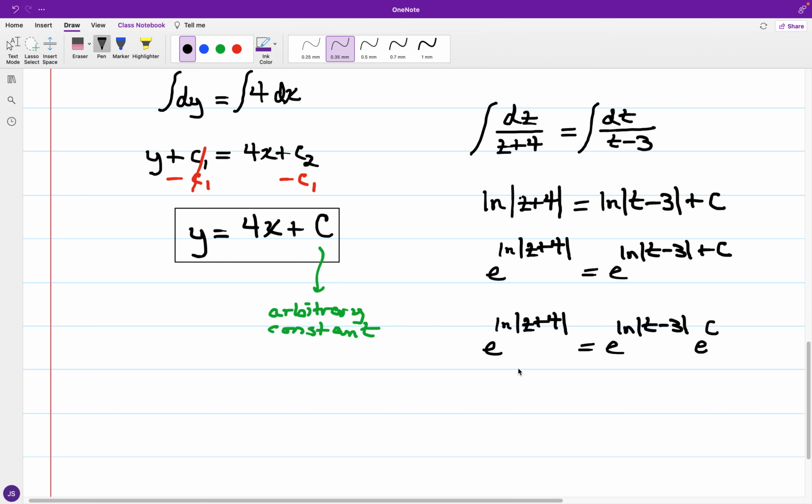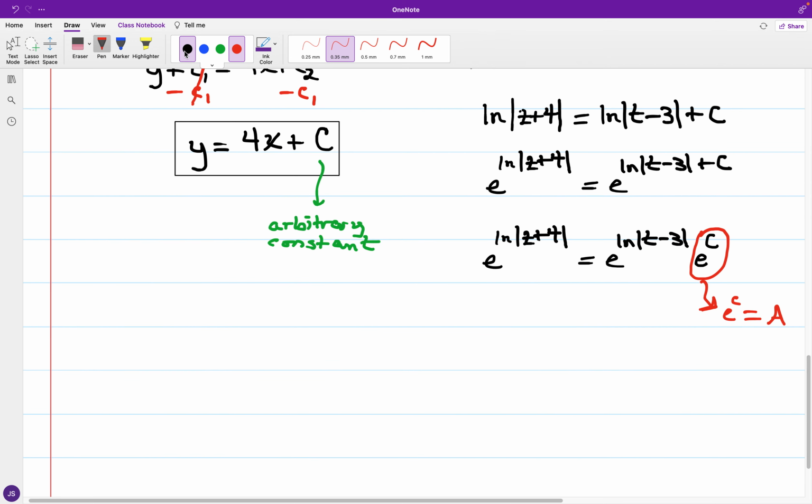Here we have e to the natural logarithm of the absolute value of z plus 4 is equal to e to the natural logarithm of the absolute value of t minus 3 times e to the constant. And a constant raised to a constant is a constant itself. We'll say that e to the c is equal to a.